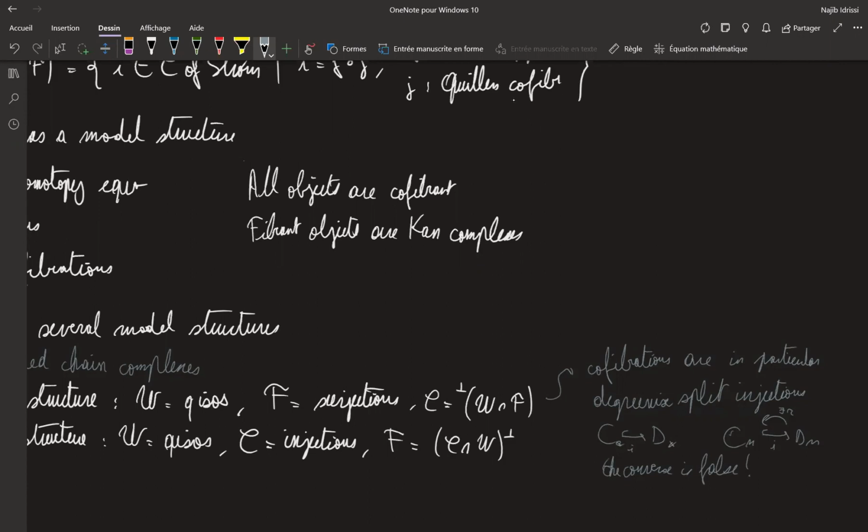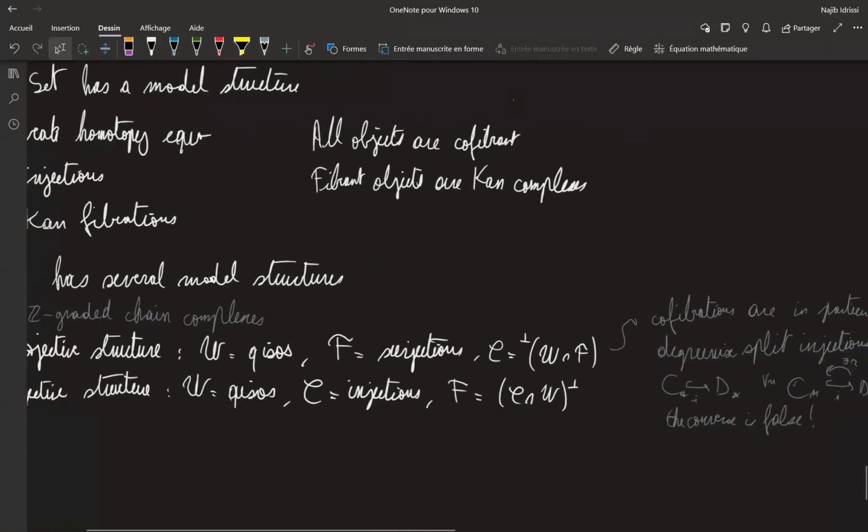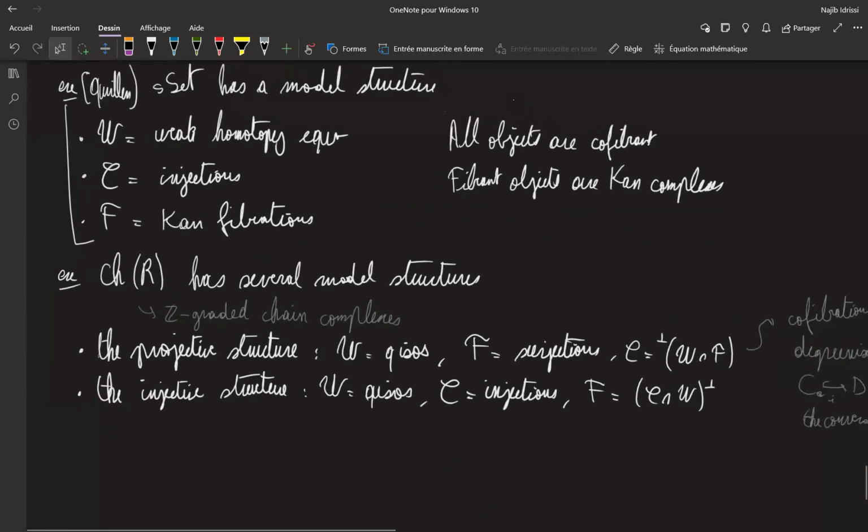If you have a map which is a degree-wise split injection, it's not necessarily a cofibration. Actually, it's very difficult to describe cofibrations. As far as I know, there is no good description of cofibrations, except maybe if you are over a field or something, but in general, it's very difficult. Does the situation improve with a field? Yeah, it's a bit simpler, but it's still difficult when you are with Z-graded chain complexes.